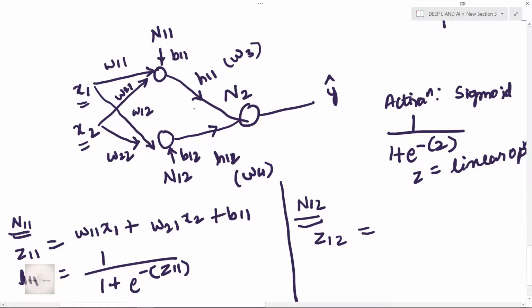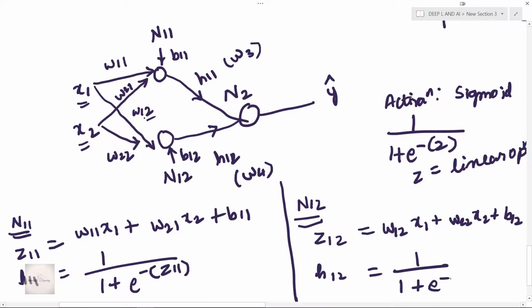The respective weights are w12 and w22, so I'll write w12 x1 plus w22 x2 plus the bias term b12. And if I perform the activation on this z12, h12 is equal to 1 over 1 plus e power minus z12.